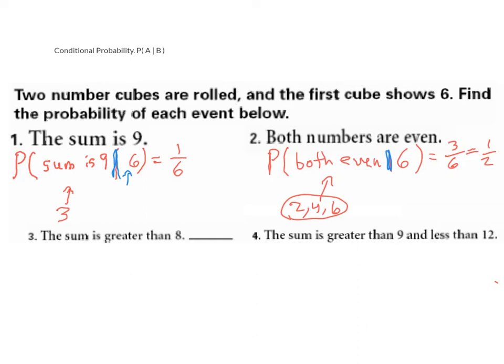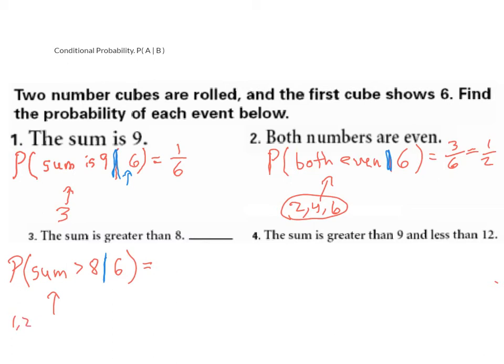So probability that the sum is greater than 8 would look like probability sum is greater than 8 given that we already have a 6. So think about the possibilities of what could make the sum of 6 and some other number be greater than 8.